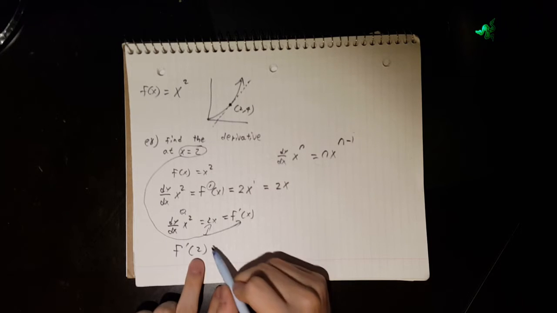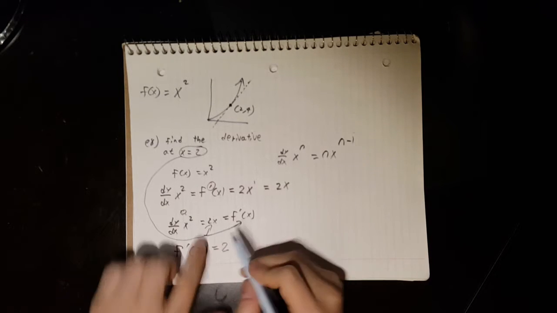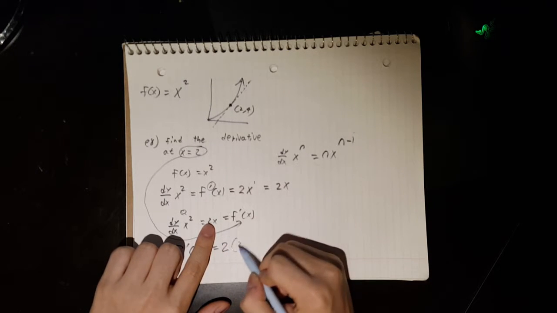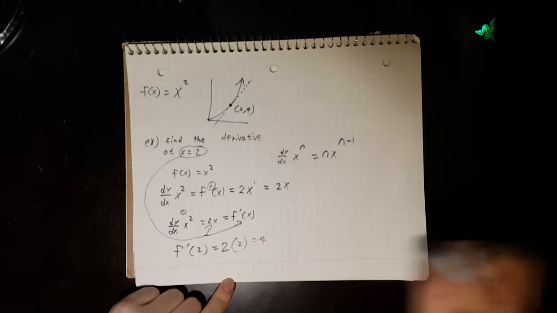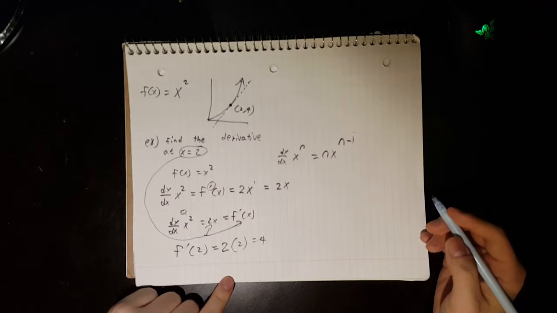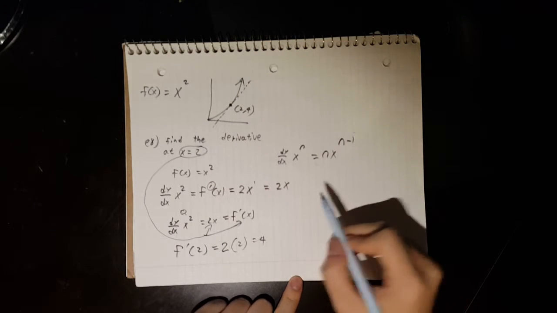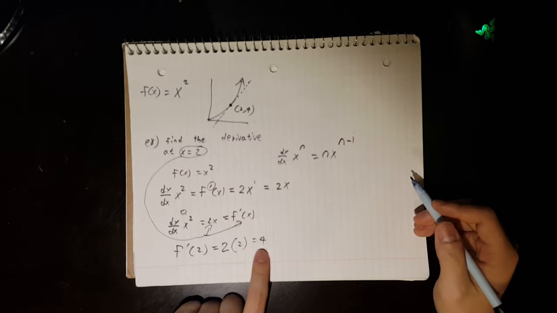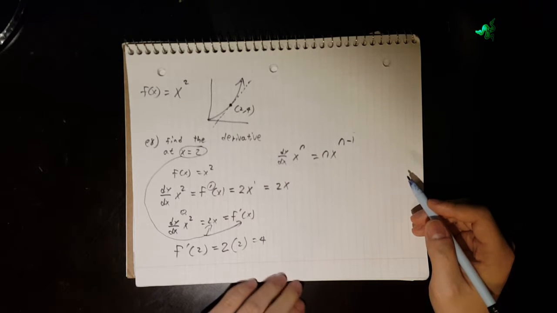It's equal to 2, and this 2 goes right here, times 2 is 4. Let's go ahead and verify that the slope is actually 4.